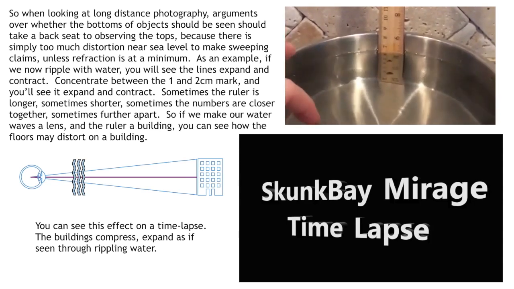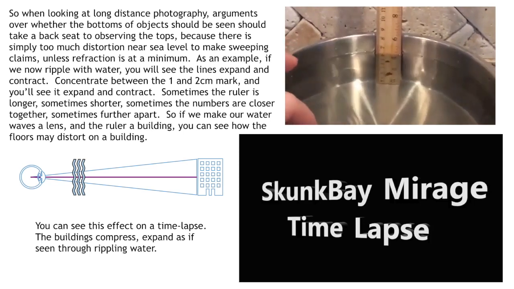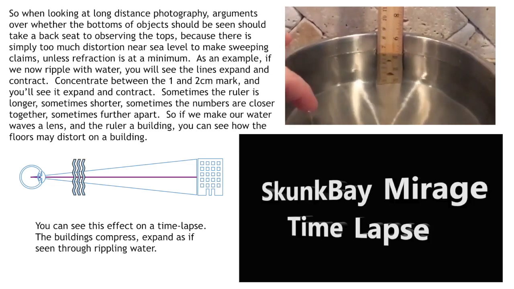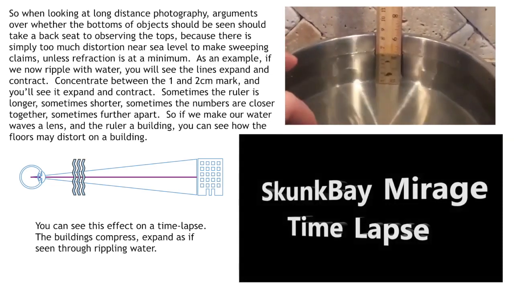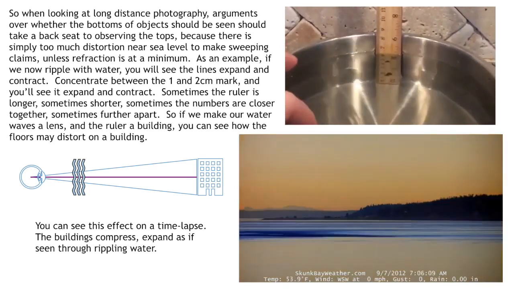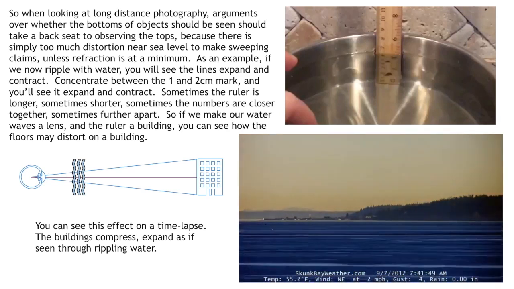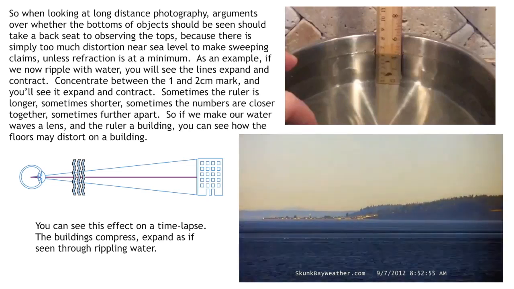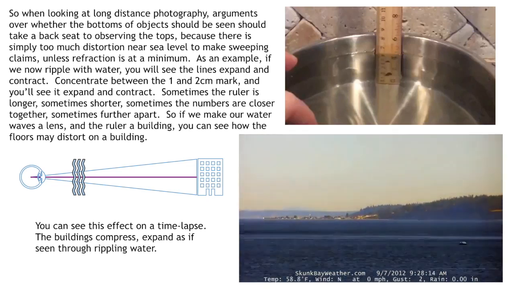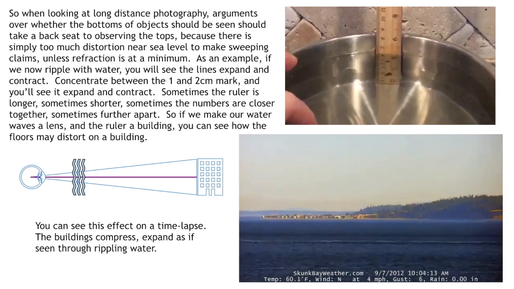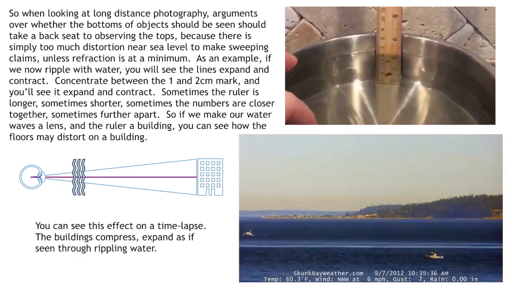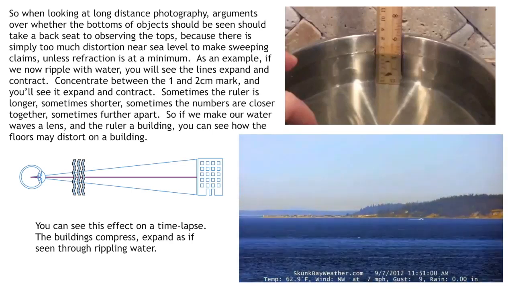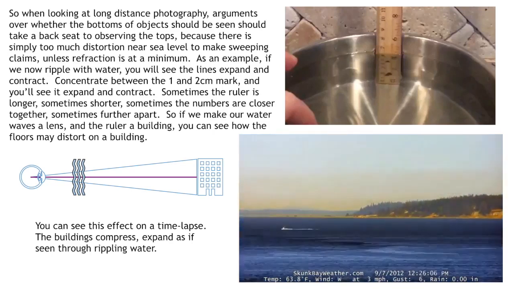Again, you can also see this effect on a time lapse. Time lapses are great ways to view these refraction phenomena. Just look at the buildings kind of raise up slightly, go back down again, compress, expand, how the water line goes up a little bit, goes down a little bit, the mountain in the background goes down, it comes back up slightly, but mostly is down and stable.